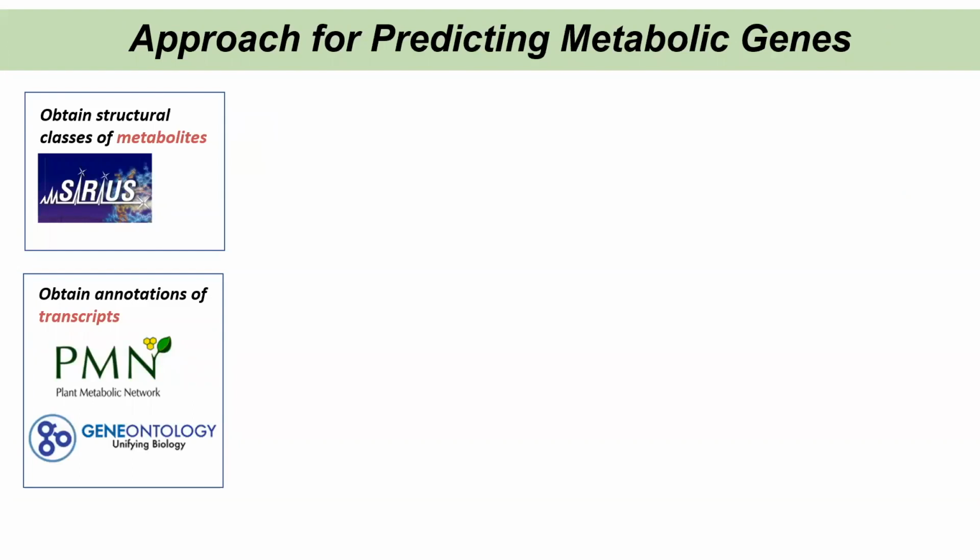So I'm just going to jump right into this pipeline that I developed for predicting metabolic genes. The first step of it, again, is to take the metabolites that we detected in the experiment I described and use CANOPUS to annotate them. These annotations, given that they're not full identification, can't pinpoint exactly which pathway a metabolite belongs to.